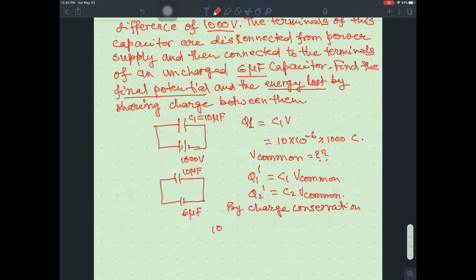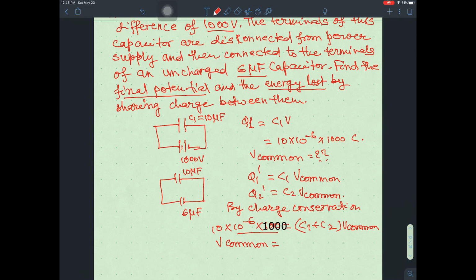That means 10 into 10 to the power minus 6 into 1000 is equal to (C1 plus C2) into V common. This is the charge conservation, and we can find V common.